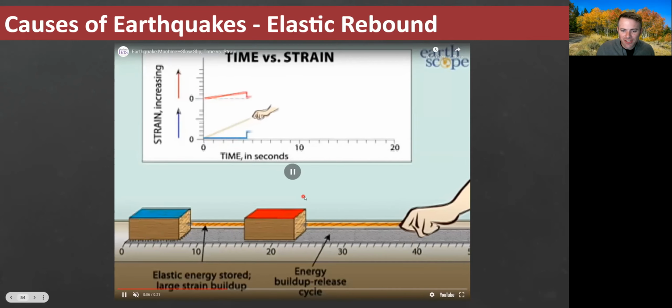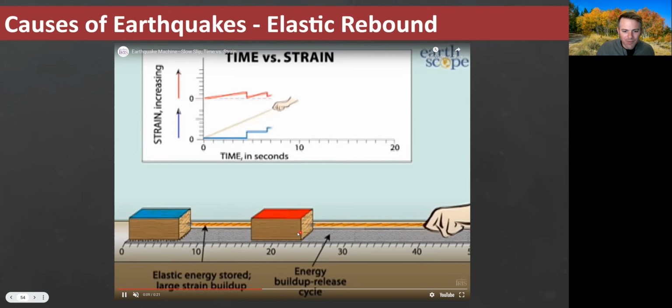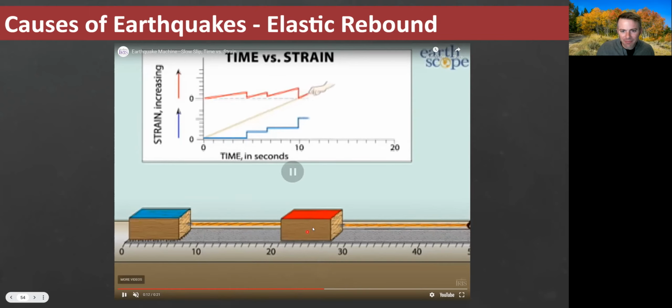So stretch, and you'll see, finally, that was enough to move this block, which in real life would be an earthquake. That strain finally overcame the friction, which made a small earthquake. But watch what happens to the bungee cord between these two blocks over time. Another small earthquake, then another, bigger earthquake there.